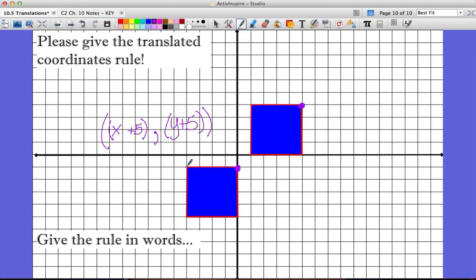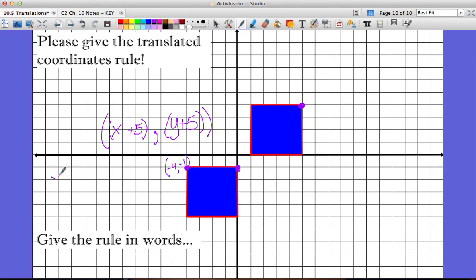So now if I wanted to know what my new coordinates would be, so if these coordinates are -4, -1, without having to do any counting or anything, I can plug these numbers into my rule and figure out what my new coordinates would be.